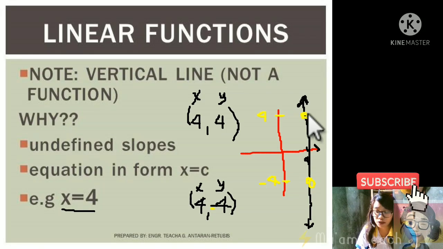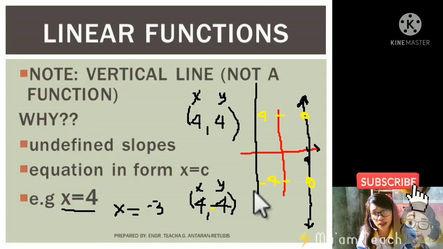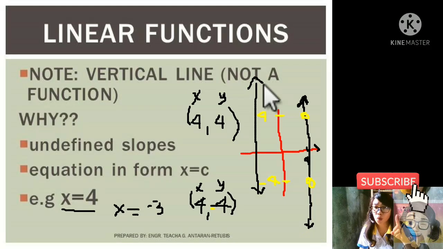Okay? Because it follows the unambiguous term. So even if, for example, our equation is, let's say, x equals negative 3, the same class, we cannot consider it as a linear function because it will still look like this. Although it has only one value of x, the question is, does it have one value of y?